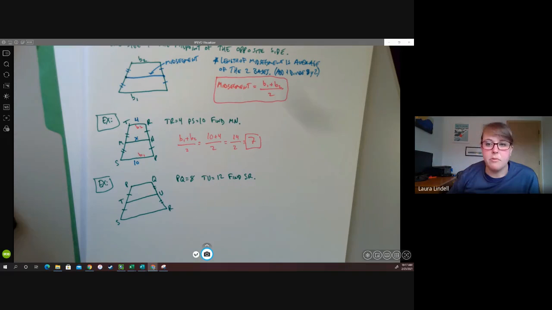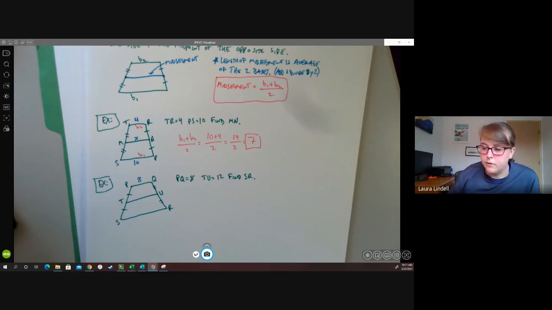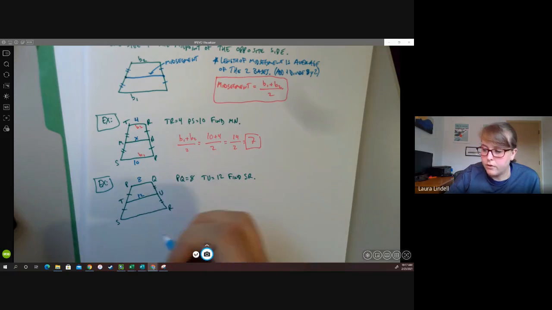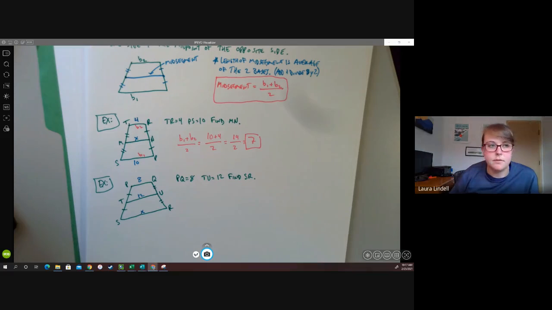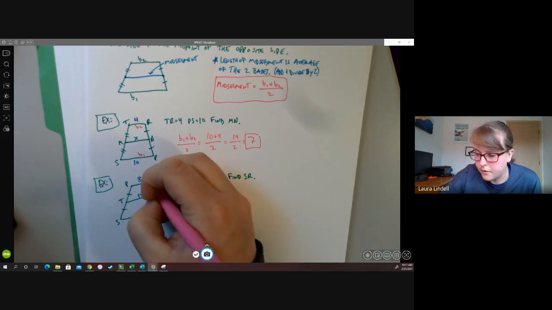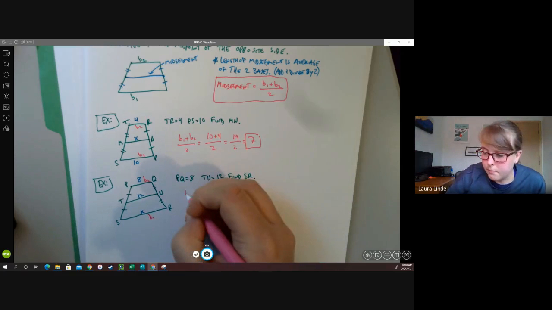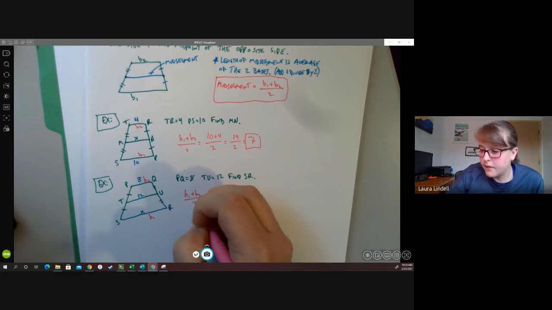We want to go through and label the picture first. So PQ is 8, TU is 12, and we're looking for SR, so that's going to be X. And then I want to make sure I've got my bases correct, so this one's B1 and B2. And I know my mid segment is equal to B1 plus B2 divided by 2. So that's what I'm still going to do here, B1 plus B2 divided by 2.